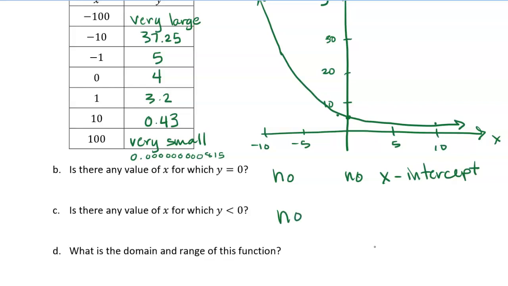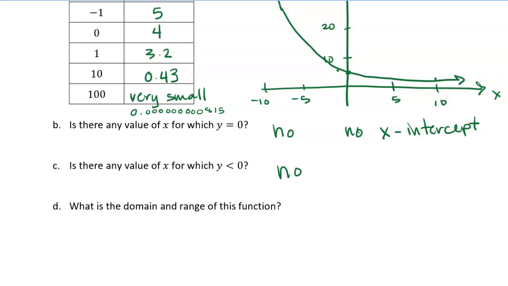All right, so that tells us something about the domain and range of the exponential function. The domain: we can put any value of x in, from negative infinity to infinity, and we can calculate a value. There's no restrictions on x. The range, however, is the set of all possible outputs of the function.